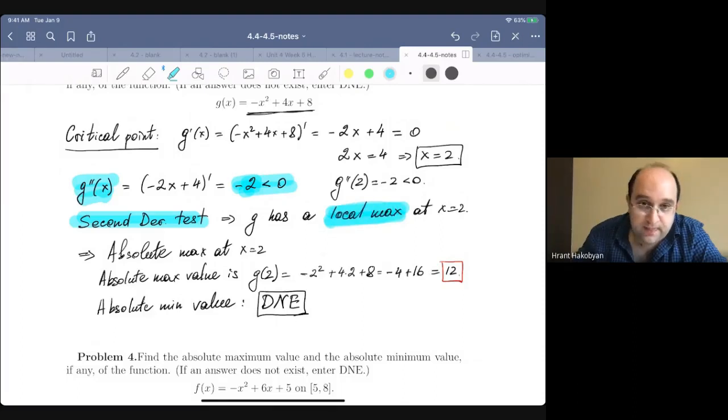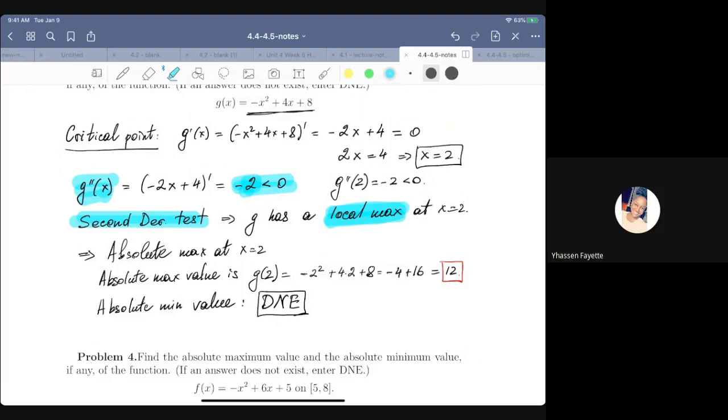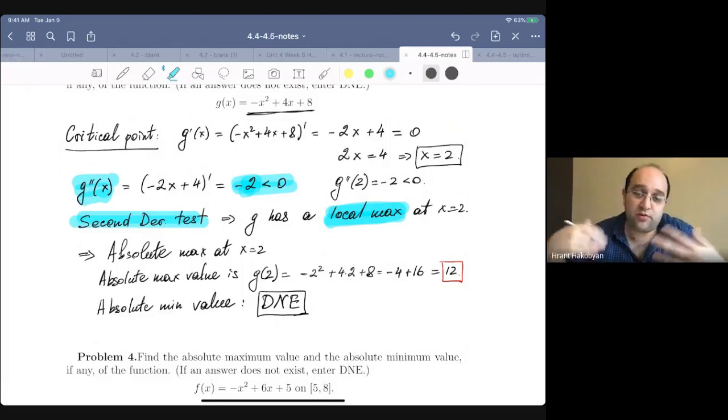And there is just one point, so we don't have a choice. In this case, because the second derivative is negative, it is a local maximum. Does that make sense?